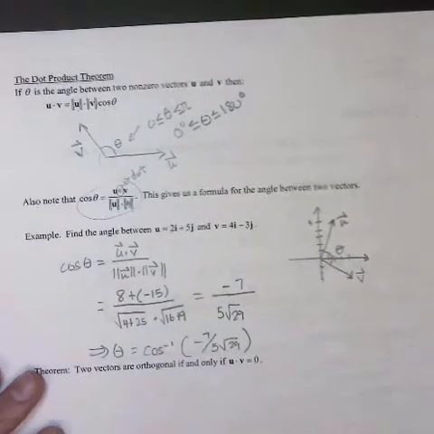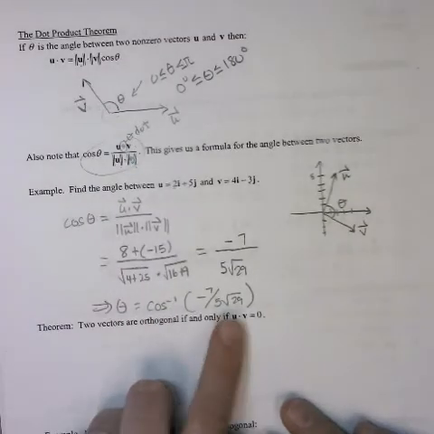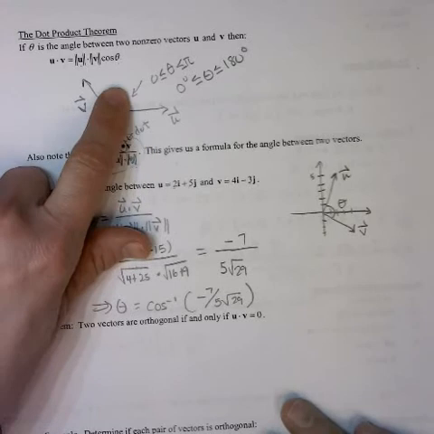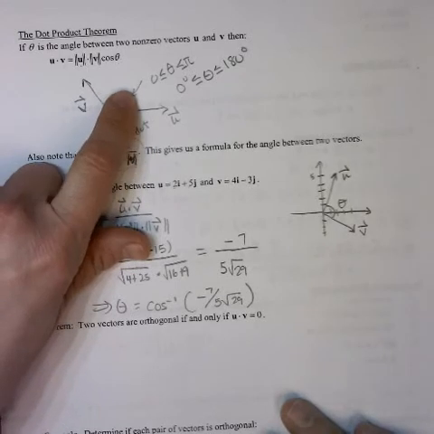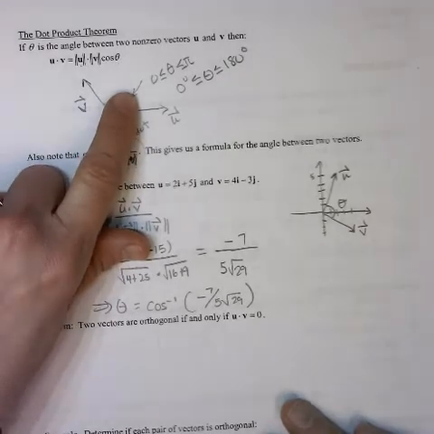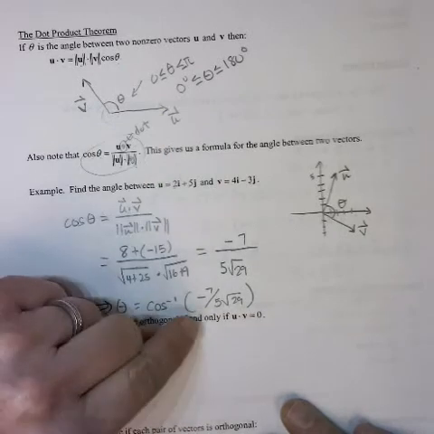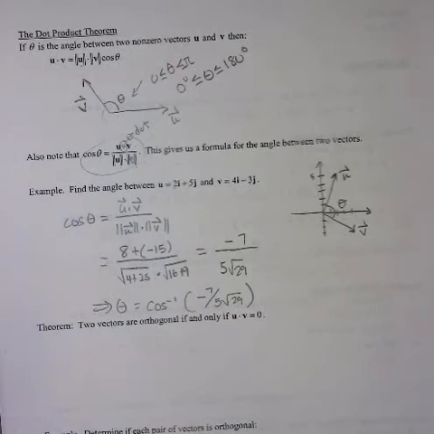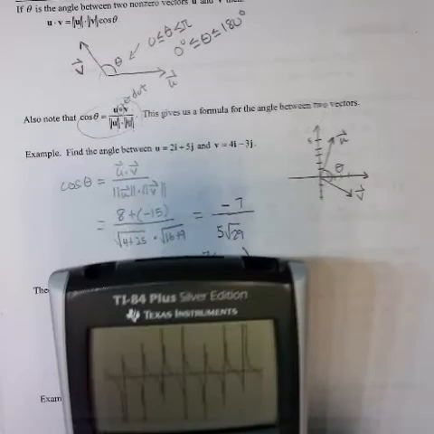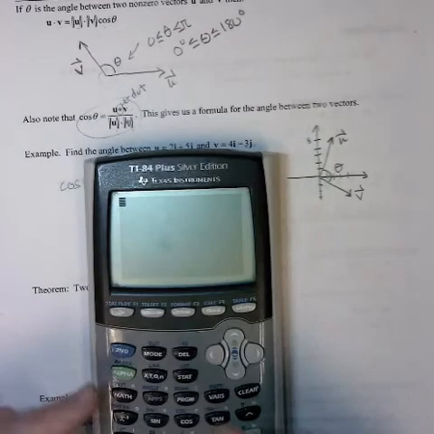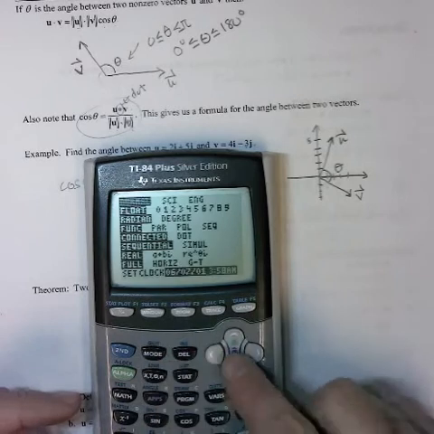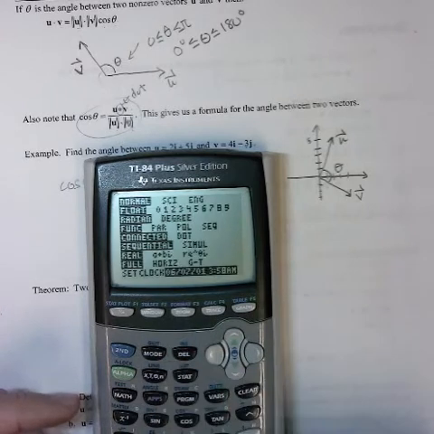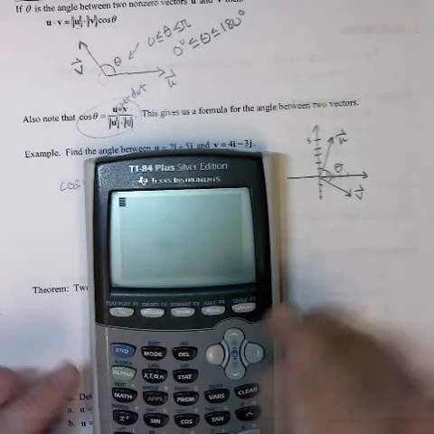And the nice thing about the cosine inverse function is if this is positive, it'll give us an angle between 0 and 90, or 0 and pi over 2. And if this is negative, it'll give us an angle between 90 and 180 degrees. So I think I need to change back. I was working in radians last time. Okay, so I'm going to use degrees, but you could, of course, use radians.